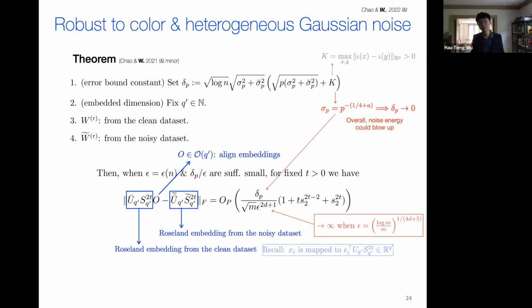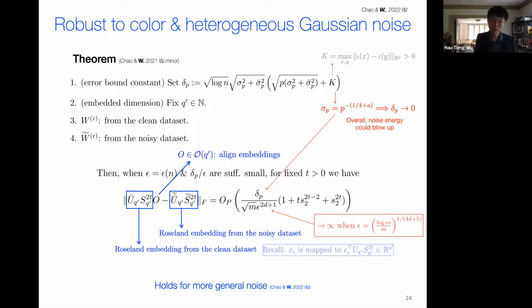For example, some people may consider 1 over p squared, but to us, those kinds of noise are too small and not practical, because in practice, noise is so big that you can see it. So we prefer to model it using some larger things. So we need to do some controls.